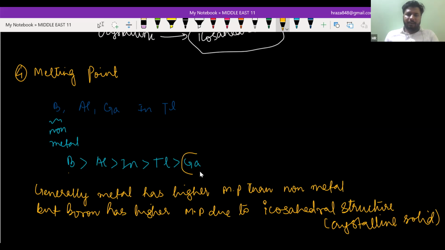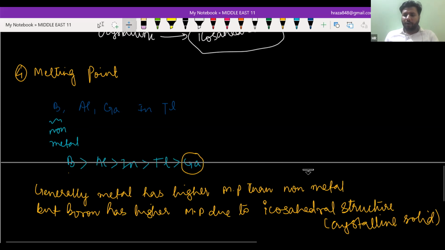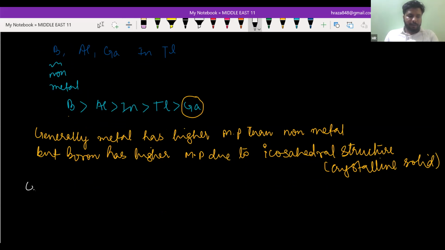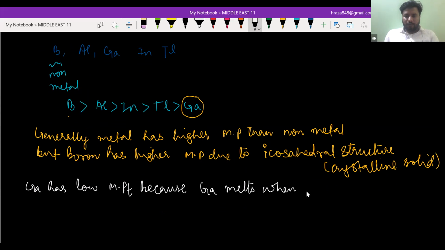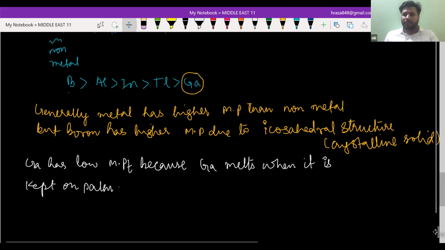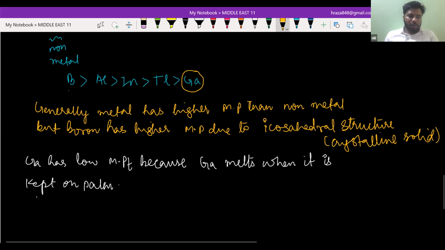And again, gallium has a very low melting point. It melts if you keep it on your palm. So we can write gallium has low melting point because gallium melts when it is kept on the palm. Again, in summer gallium exists in liquid phase, and in winter it exists in solid phase.